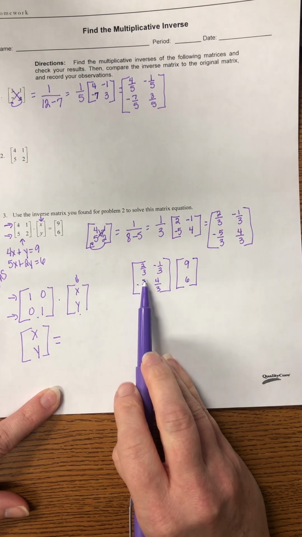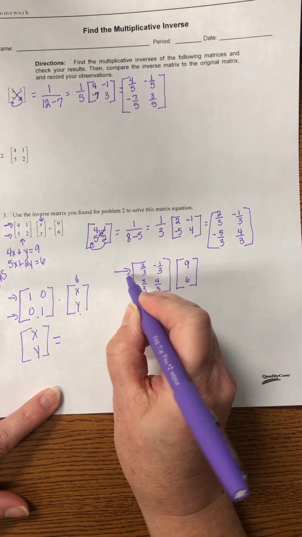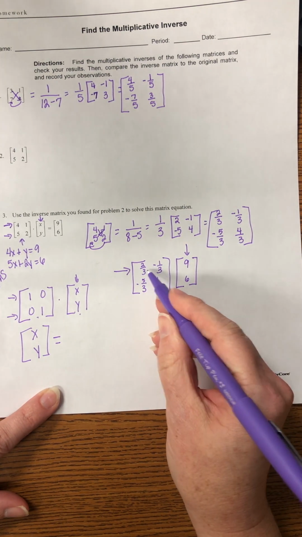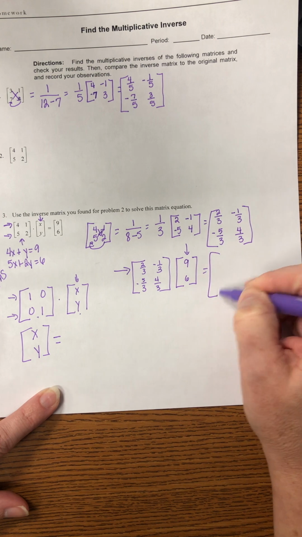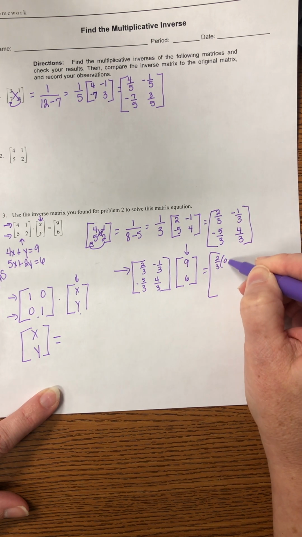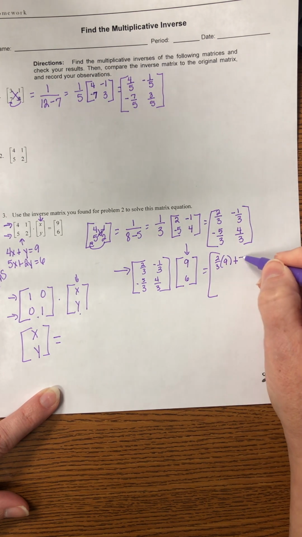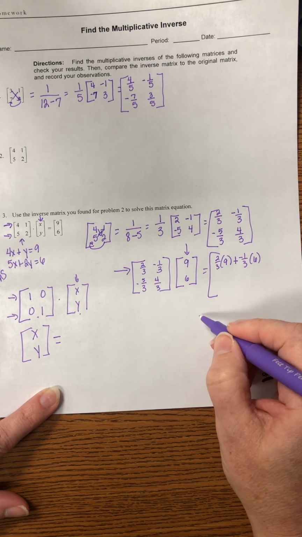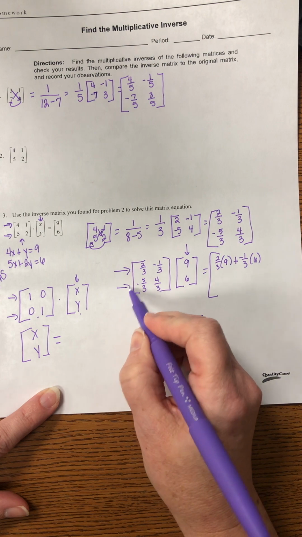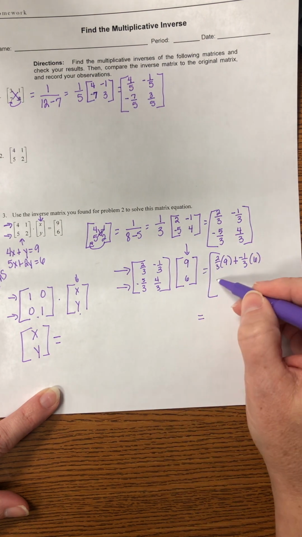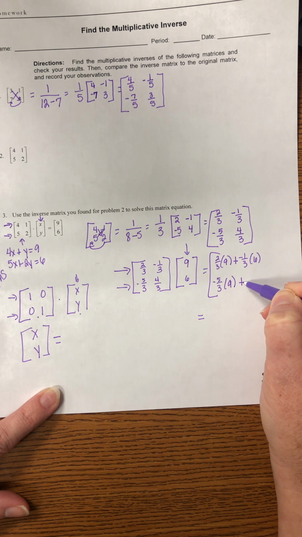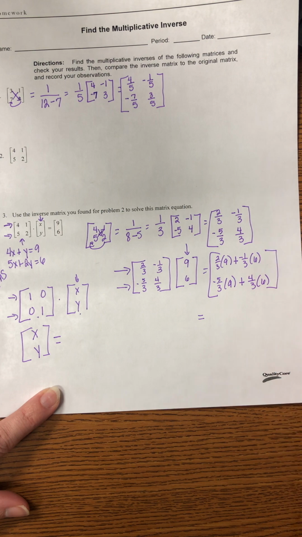Make sure you put it first. So we're going to multiply the rows times the columns. So we'll have 2/3 times 9 plus -1/3 times 6. Now if I do row 2, column 1, I'll have -5/3 times 9 plus 4/3 times 6.